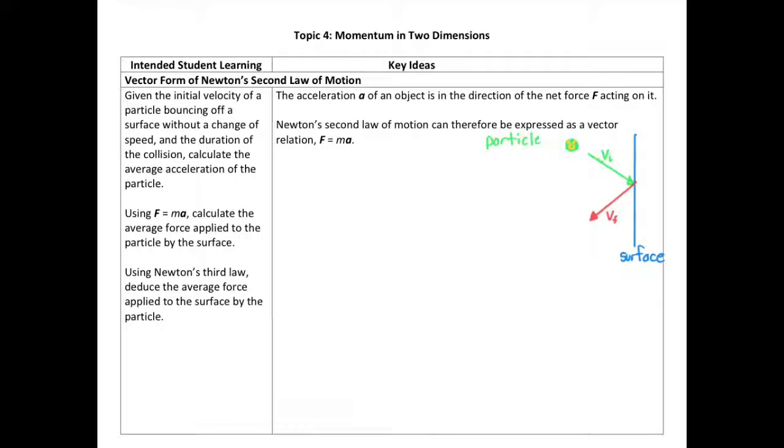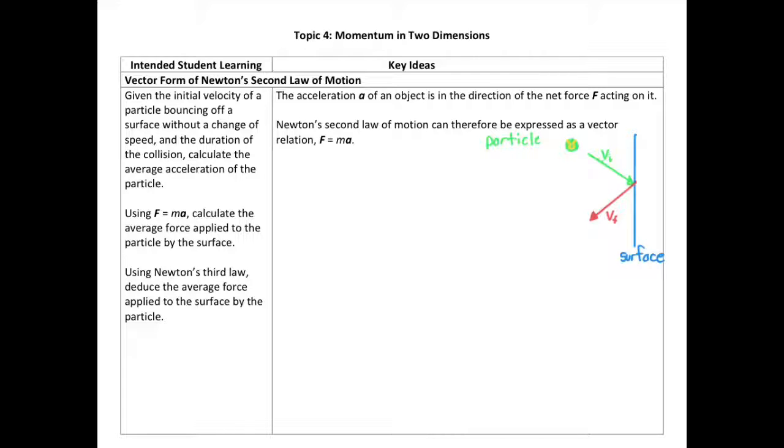We want to be able to calculate the force applied to the particle by the surface and the force applied to the surface by the particle, i.e. how much force does this ball exert on this wall and how much force does this wall exert on this ball. I think most of you probably already have a rough idea, but let's check we have a good theoretical understanding of that.